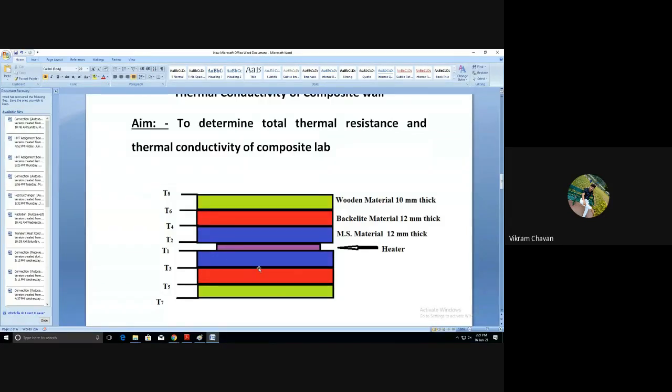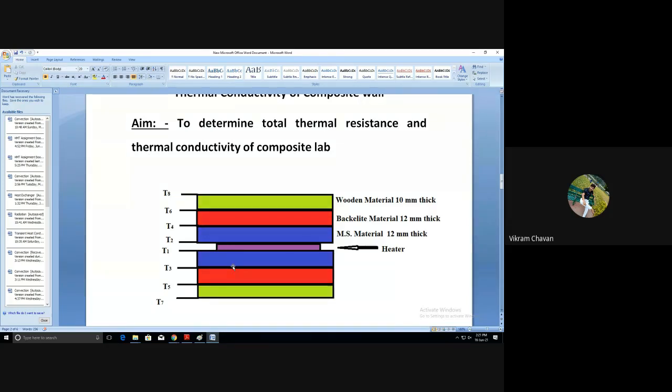Why have we done this particular configuration? Because if you remove the bottom side configuration, then half of the heat will be transferred to the environment, and our calculation will not be correct. In that case, we would not know how much heat is transferred to the environment and how much to the composite wall.